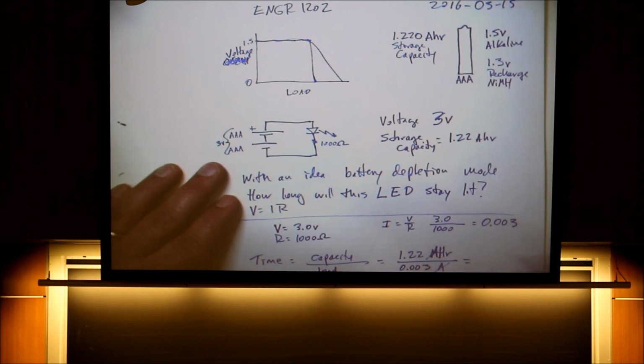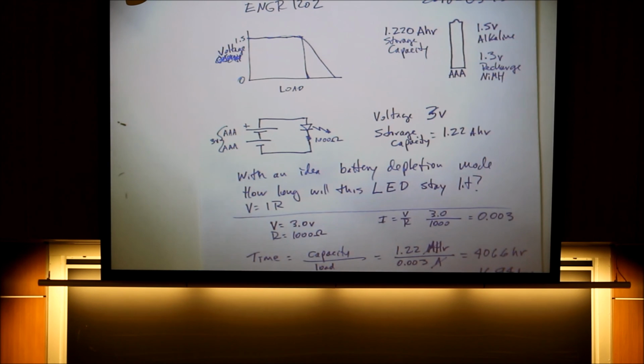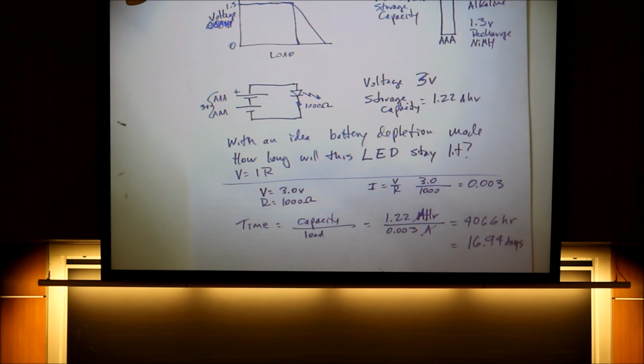And the answer is, I believe we had very many people saying 406.6 hours. So that is 16.94 days. Wow! That is pretty cool, huh? Now, what will this be useful for?